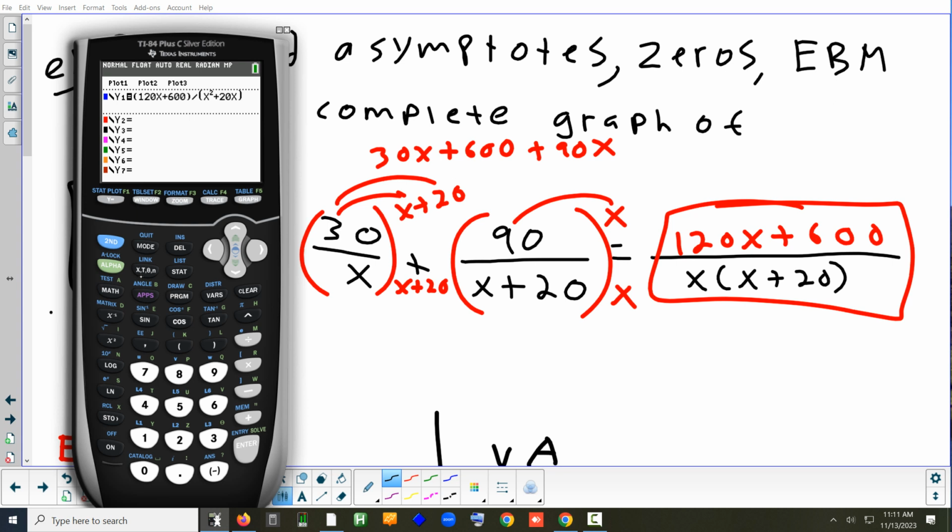So that's how I'm going to type it. So we'll hit graph, and let's see if we have 3 sections. Okay, well, there's 1. There's the left. There's the middle. There's the right. So we got all 3 sections.